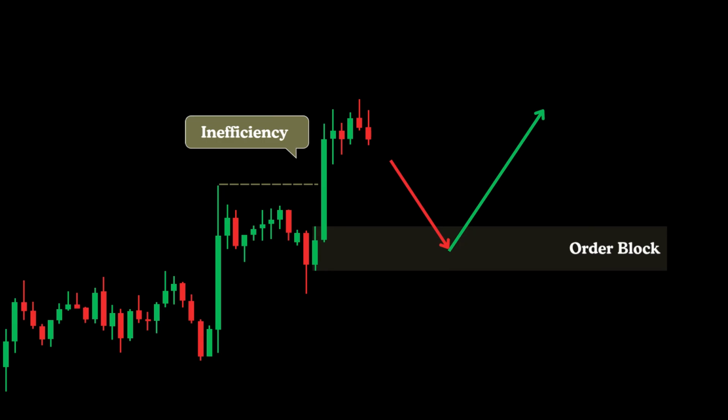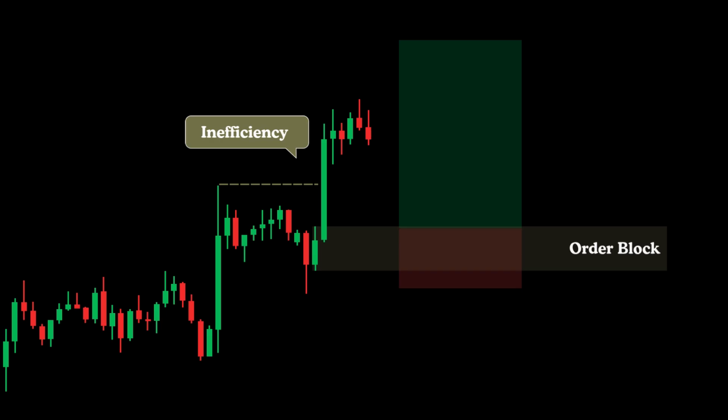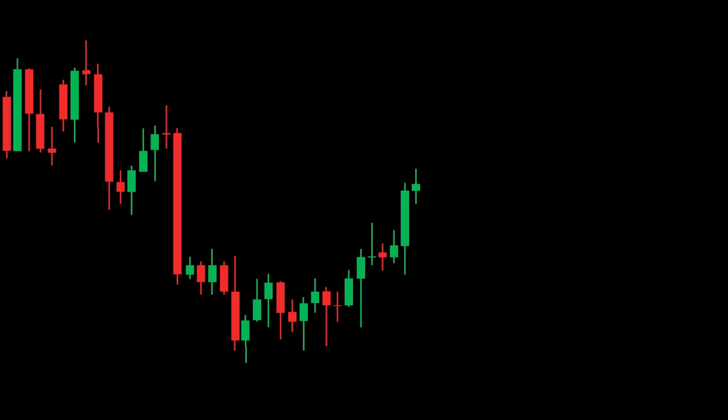On the other hand, take a look at this example. On the 1-hour chart, we observe a move with clear inefficiency that breaks above the previous market structure. In this case, if the price successfully retraces to the order block zone, it would present an ideal chance to go long, placing our stop just beneath the swing low and aiming for the next visible market structure level ahead of the price. Now let's take a look at the higher time frame.